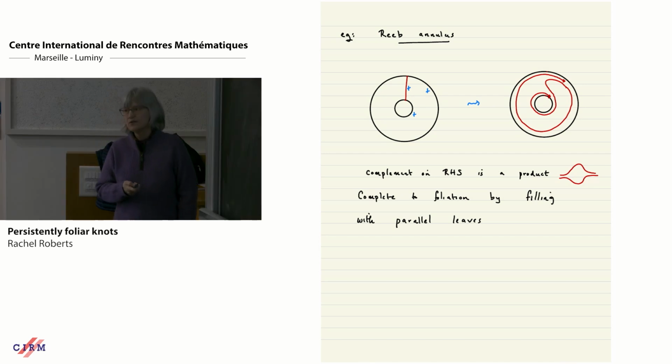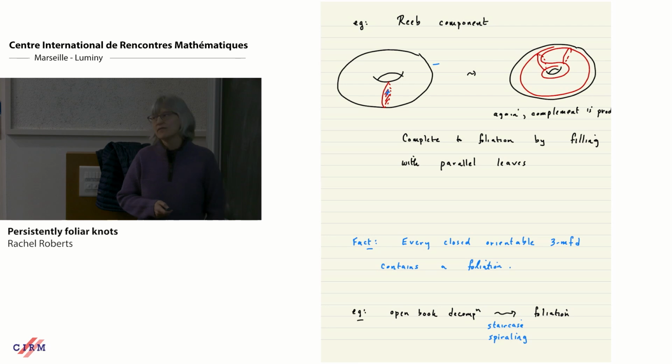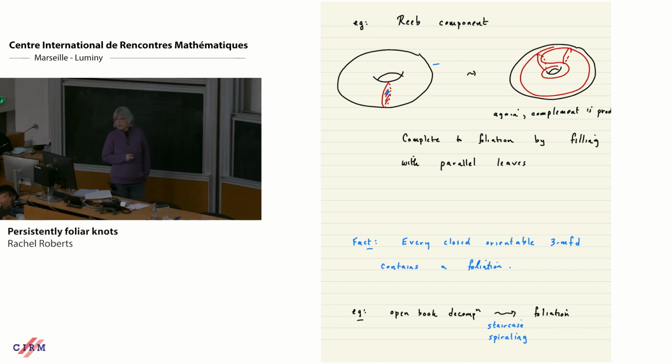Okay, so now we're going to do this staircase spiraling a dimension higher. We're going to think about the Reeb component that Thomas also mentioned. We begin by thinking about a torus and a red disk. Then we take countably many copies of the torus and do this same cut and paste game, so that we end up with a copy of R2 with its end spiraling around the compact torus leaf.